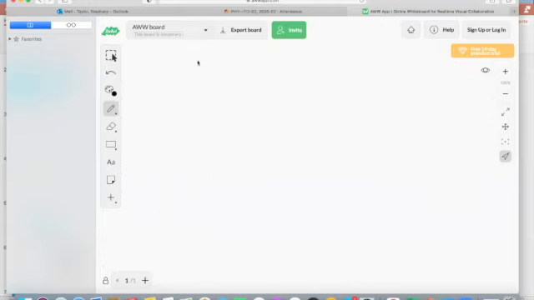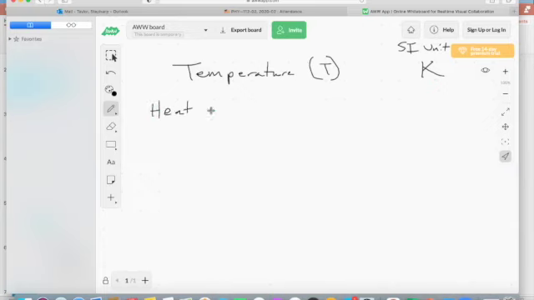So okay, we already went over temperature. Temperature is denoted by capital T, and the SI unit for temperature is Kelvin, right? Not Celsius, not Fahrenheit, but Kelvin, capital K. All right, and heat, remember heat and temperature are different.